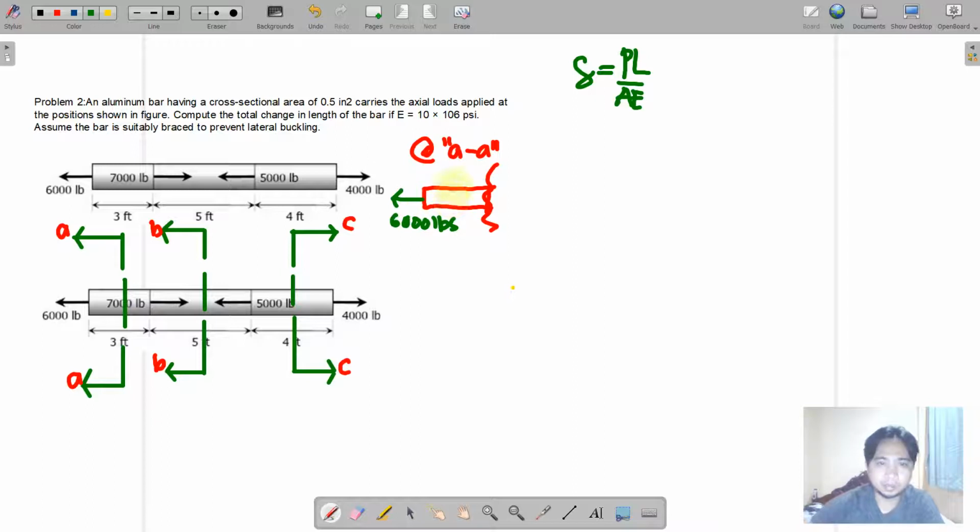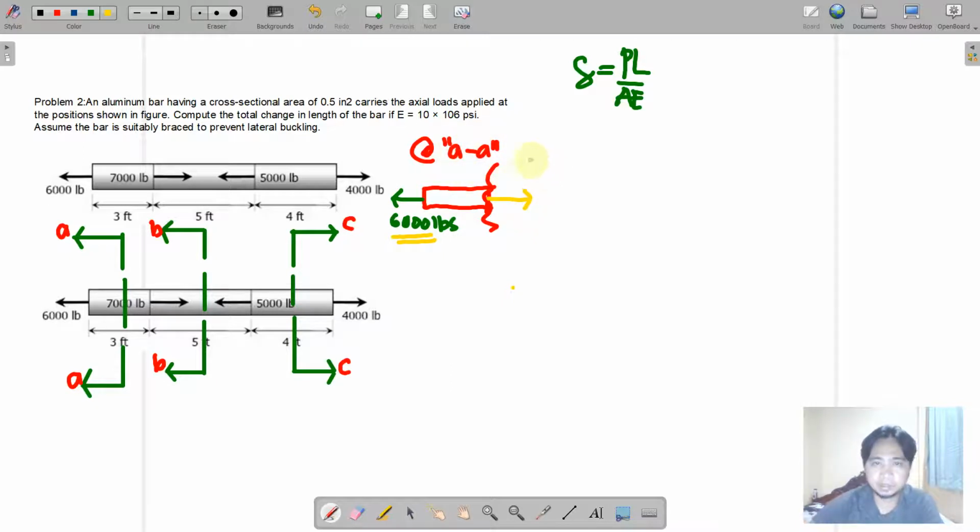So basically what we do is to assume a direction here, and it is obvious to assume that this is towards the right because it is just resisting the force of 6,000 away from the member. So if this arrowhead is away from the member, the resisting force should also be away from the member.